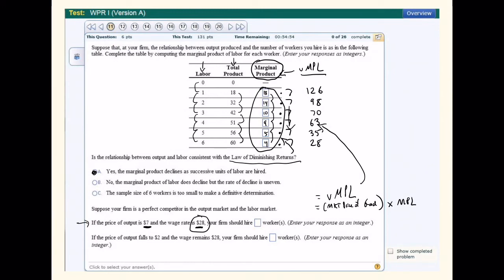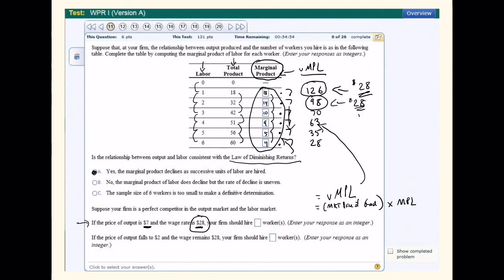Well, you could see that the firm is better off. Let's first look at this first number. If they hire laborer 1, they're bringing 126 value of marginal product of labor to the table, and it only costs $28 to hire them. So clearly we would hire labor 1. Labor 2, well, that's the same scenario. They're bringing more to the table than it costs to hire them.